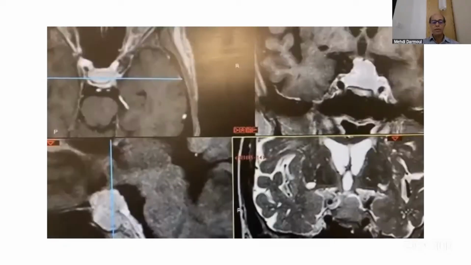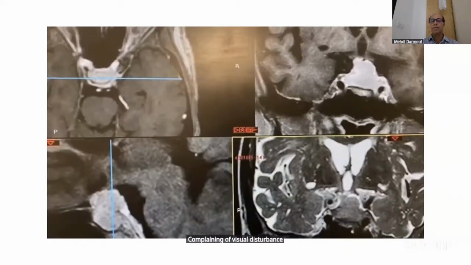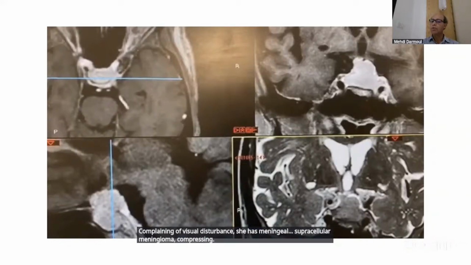And here we can finish with a small video. This is a patient of 38 years old complaining of visual disturbance. She has a suprasellar meningioma compressing both optic nerves.